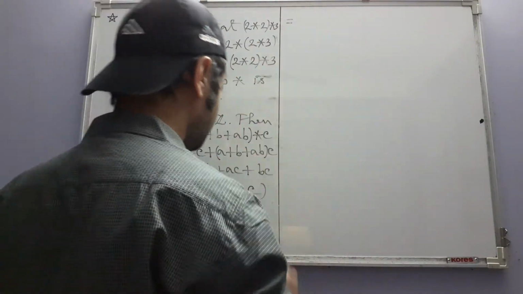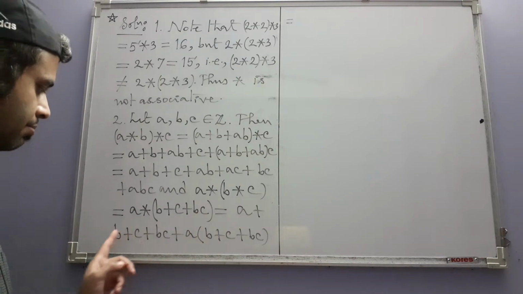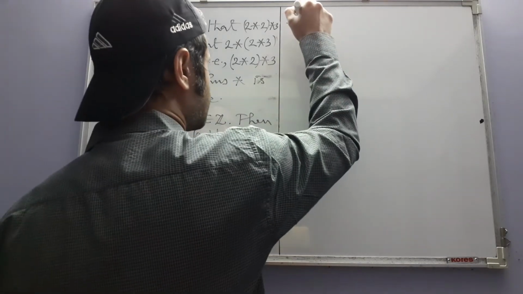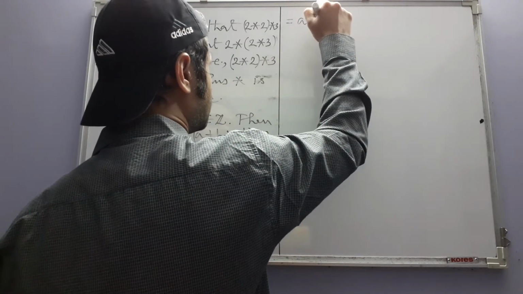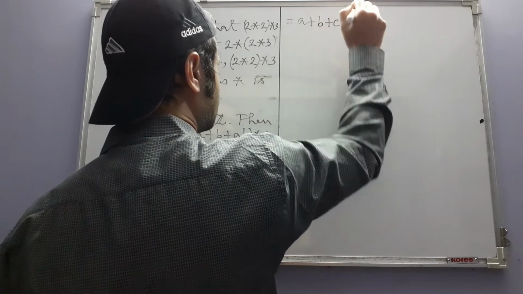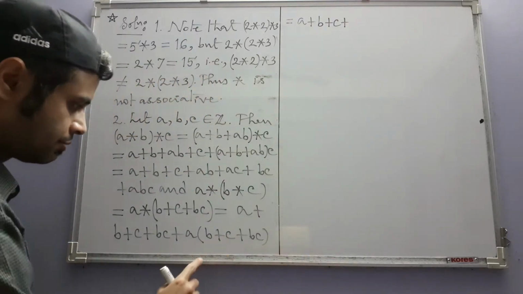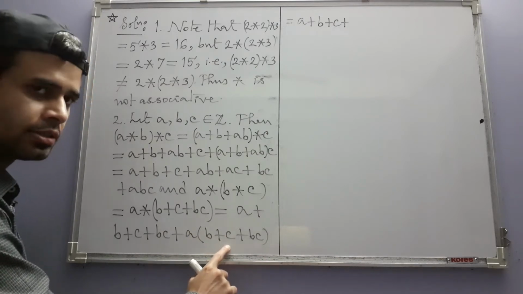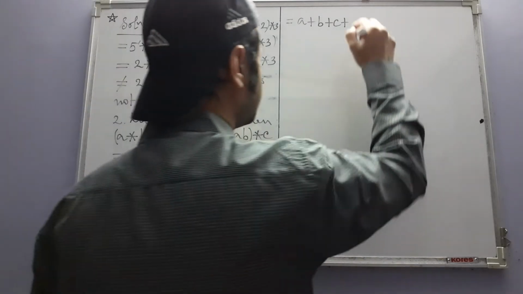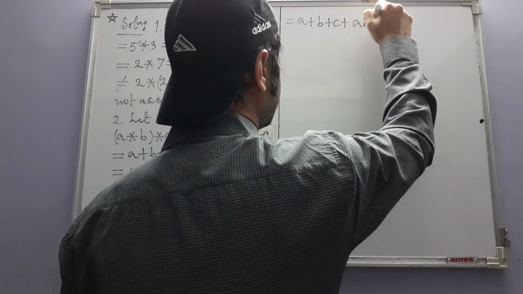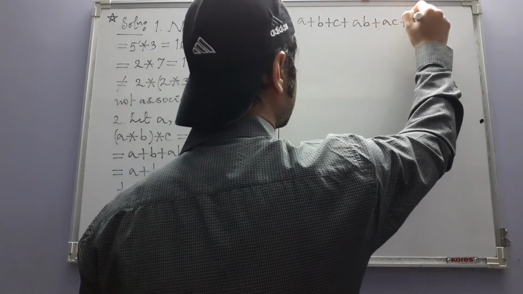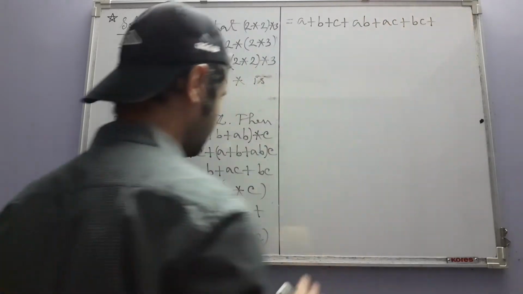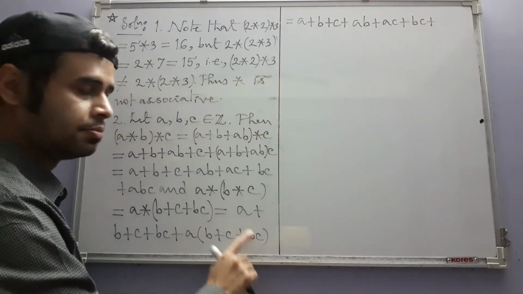And this ultimately becomes what? We have A plus B plus C. So let's write them first. And then we have AB from here, and also AC and BC. AB plus AC plus BC, and one more term, ABC.